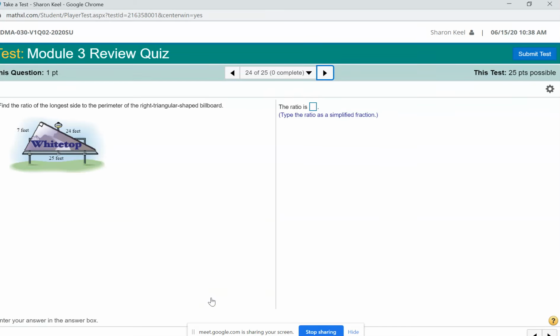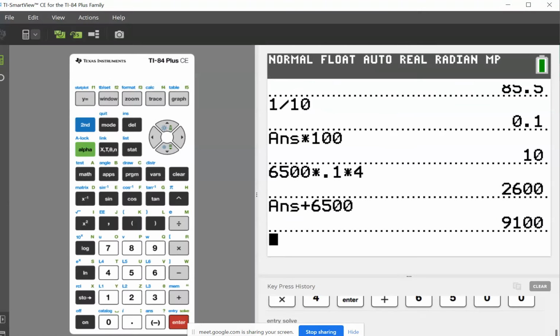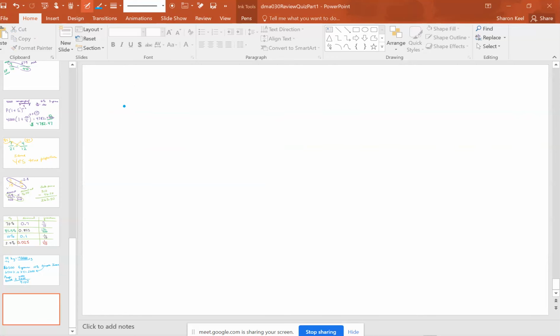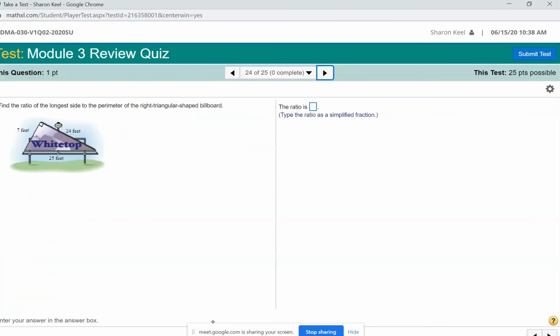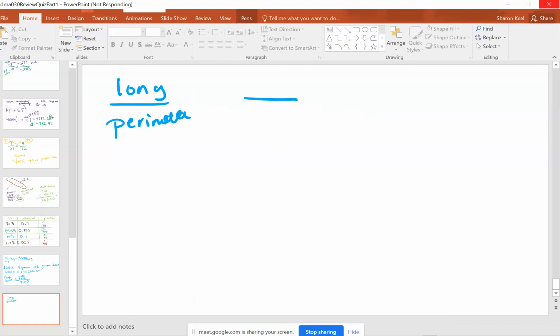We are doing a ratio of the longest side to the perimeter. So when I do this, I would write down longest side to perimeter. When I look at the triangle, the longest side is the 25 feet.